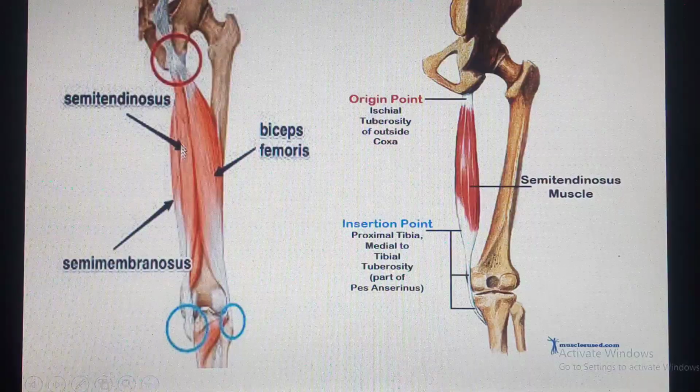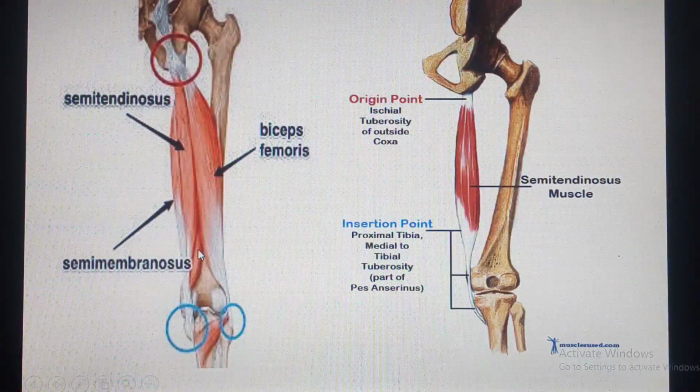For you to identify them, you get to know that the semitendinosus will have a long tendon which will lie on the belly of the semimembranosus muscle. So if you take a transverse section somewhere here, superficial will be the semitendinosus and deep will be the semimembranosus muscle.